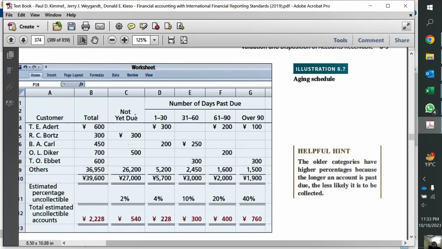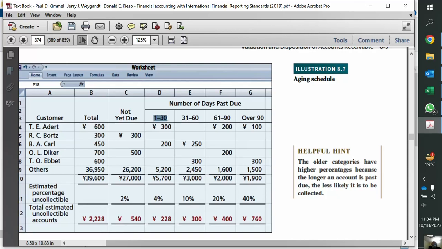So, for example, not yet due, out of this 39,600, the accounts of 27,000 are not yet due, and the percentage applicable of bad debt to these accounts is 2%. On the other hand, number of days past due, this means that these are the accounts which are overdue by less than 30 days but more than 1 day.